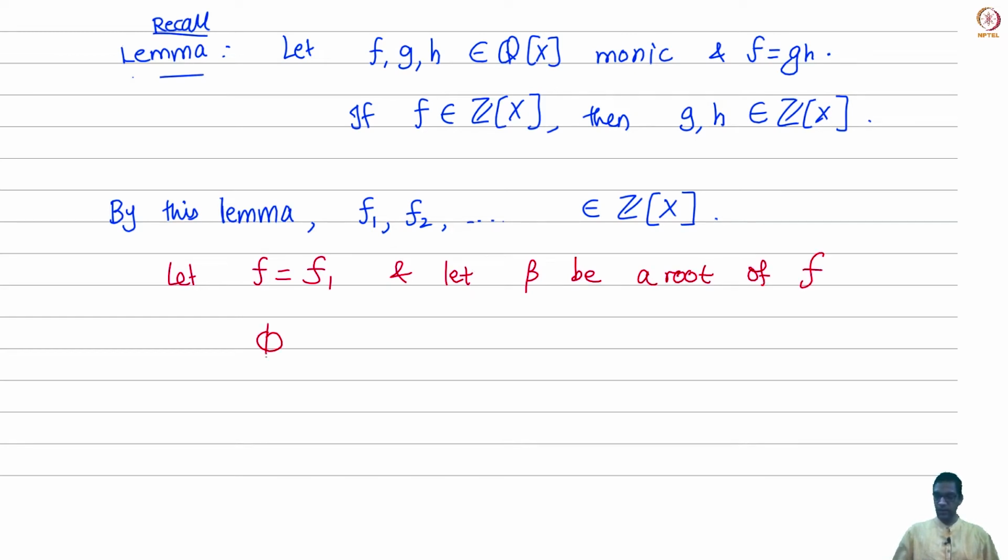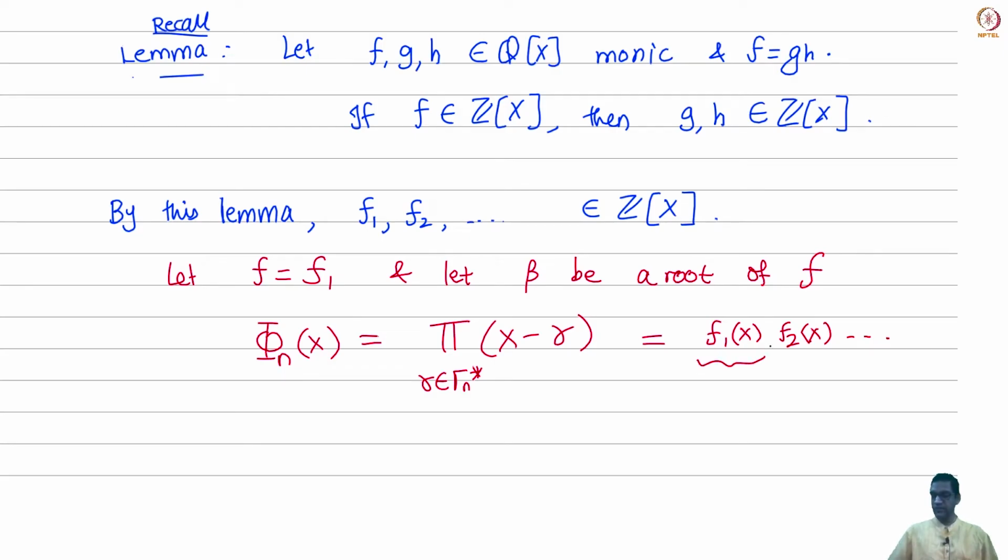So remember, I know what my entire product looks like. Φ_n(x) is the product of all the primitive nth roots of unity, and this I am writing as f1(x), f2(x) and so on. So of course the roots of f1(x) will be some subset of the primitive roots, f2(x) will have roots which are some other subset of γ_n*, and so on.